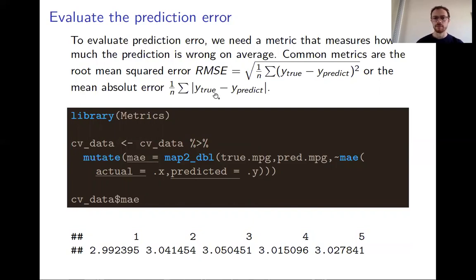And the mean absolute error gives us just an estimate of, on average, how wrong our prediction is in absolute terms. So this is the one we're going to use here.